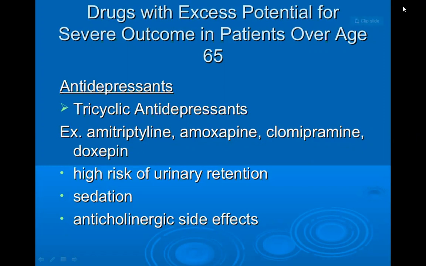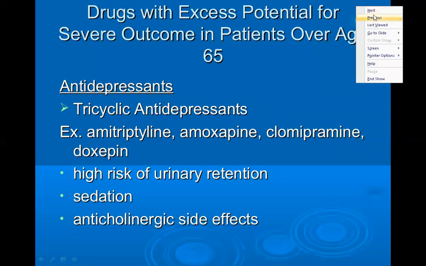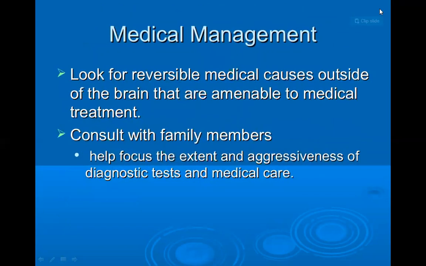They inhibit the reuptake of a specific neurotransmitter, hence increasing its levels around the nerves within the brain. With tricyclic antidepressants, there is high risk of urinary retention, sedation, and anticholinergic side effects.